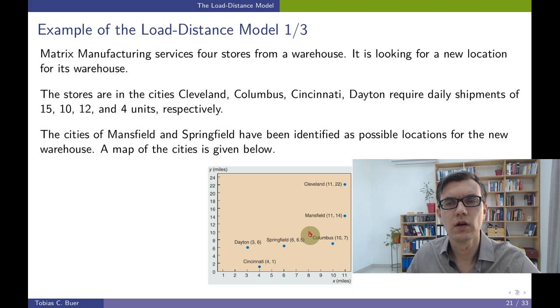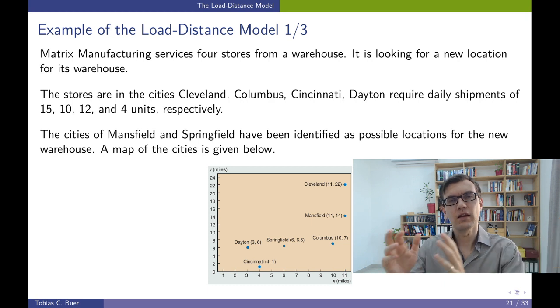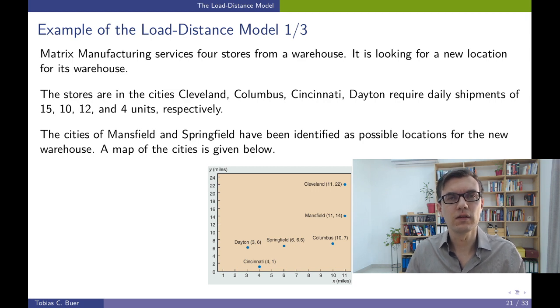And you see it is quite close, in this belt, on this curve of cities, and it takes the transport volumes into account. So the load distance model evaluates existing locations, and the center of gravity approach tries to identify a new location that we can use.